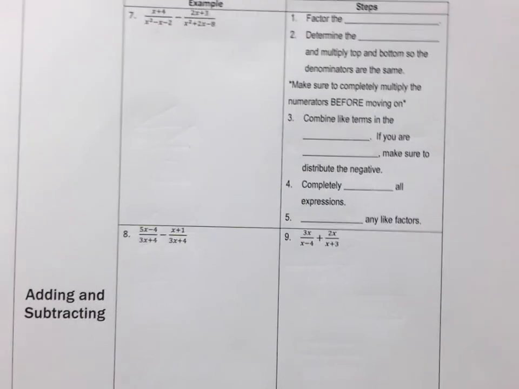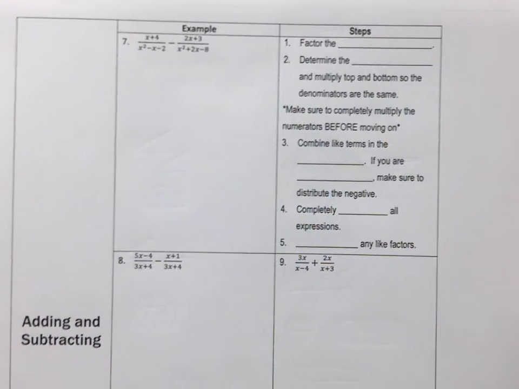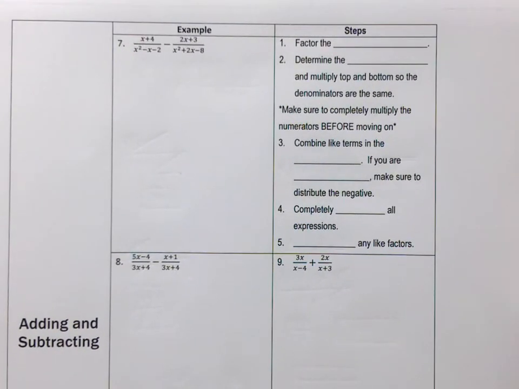Okay, so adding and subtracting. Just like I did for the last one, I started with the hardest problem for adding and subtracting. I wanted to incorporate every aspect because not every aspect is incorporated in all of these.